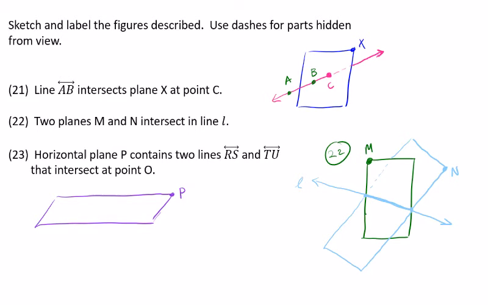So there's plane P, and then we have 2 lines that the plane contains, so these lines are coplanar. So we have one line that's on that horizontal plane, and we have another line that's on that horizontal plane.